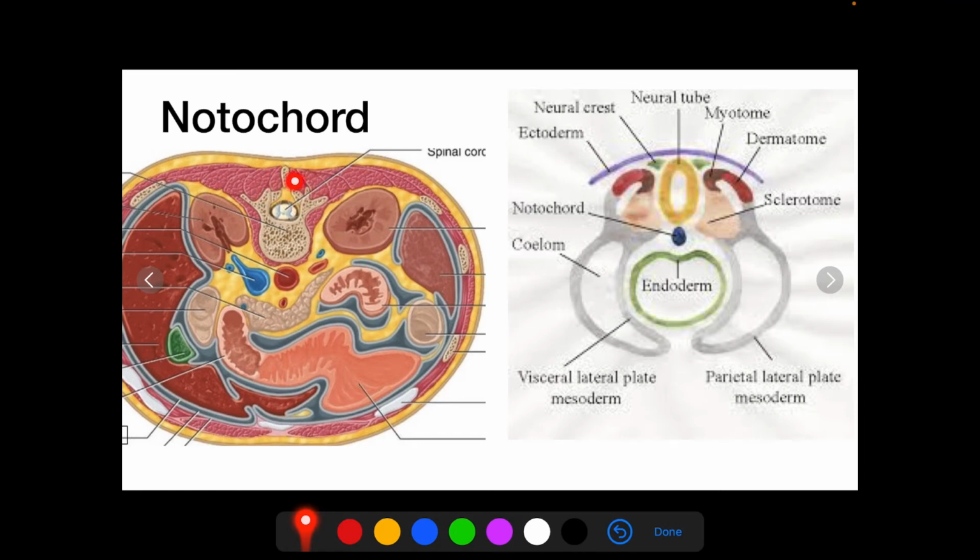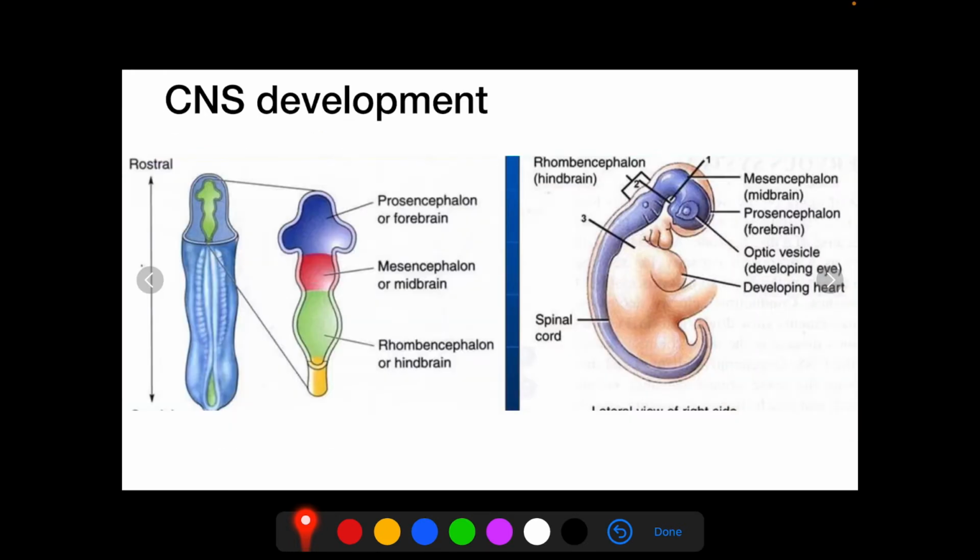The neural crest forms the whole peripheral nervous system, and the nerves coming out from the vertebra all originate from the neural crest. Regarding these organs, most of them originate from the endoderm; we will talk more about it in the future.